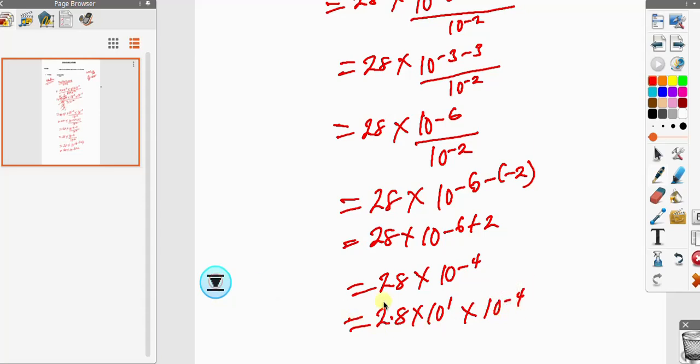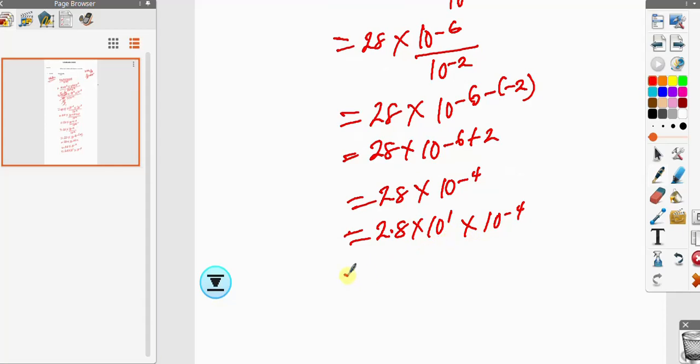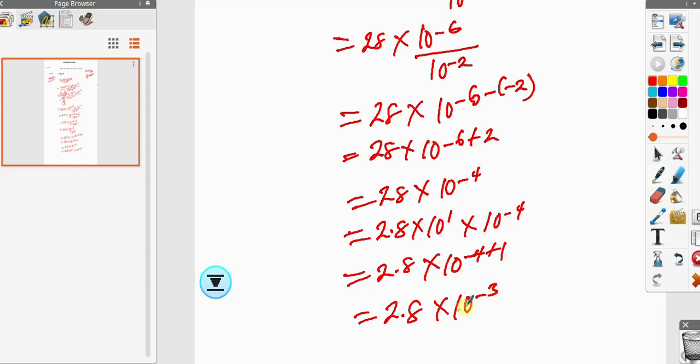Remember, let's still apply our multiplication law of indices here, which is we have 2.8 times 10 raised to power minus 4 plus 1, right? So here will be equal to 2.8 times 10 raised to power minus 3. This will be the answer in standard form.